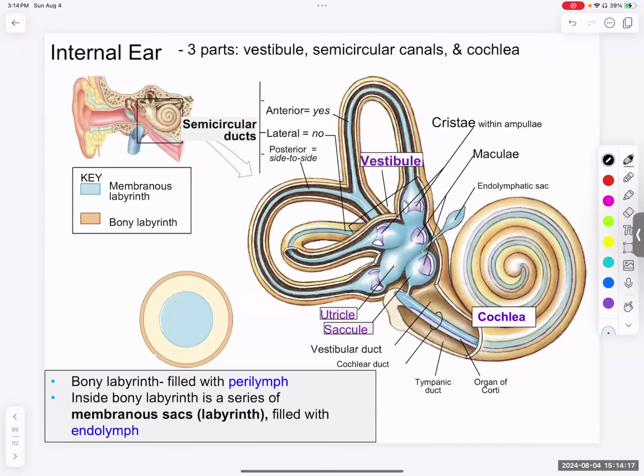In the inner ear, again, there's three parts. There's the vestibule, the semicircular canals, and the cochlea. Cochlea is for hearing. Semicircular canals are for rotational movements. And the vestibule is for linear and gravity movements.